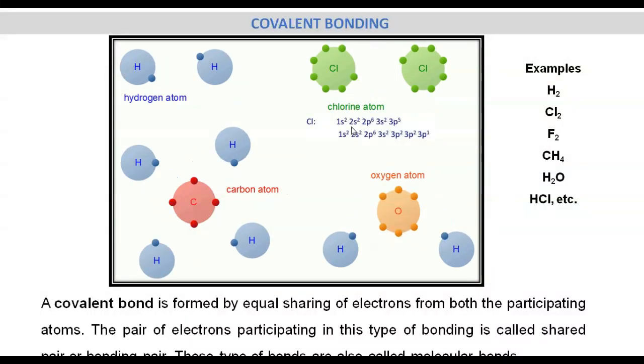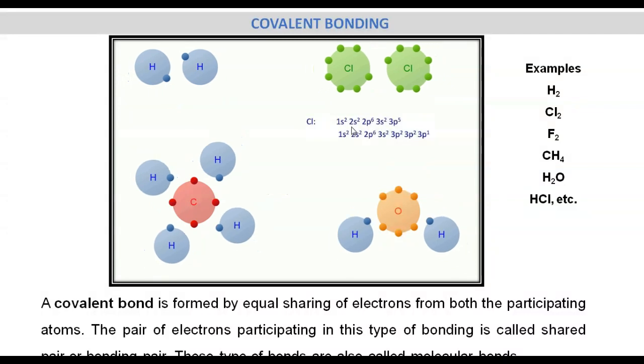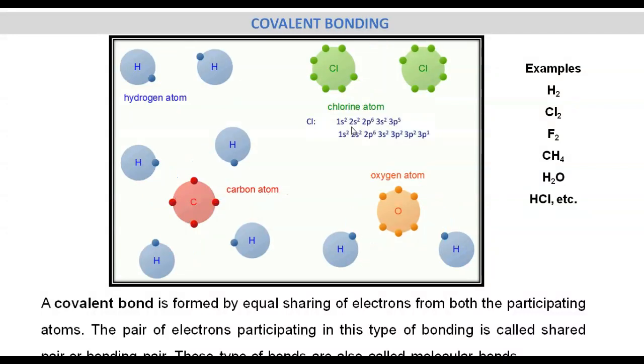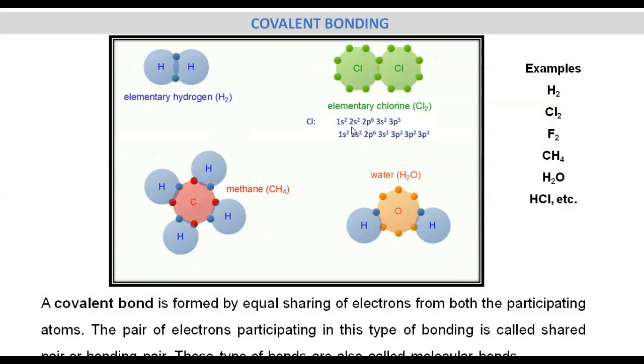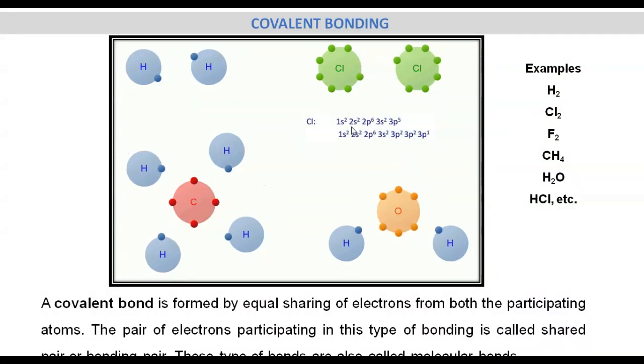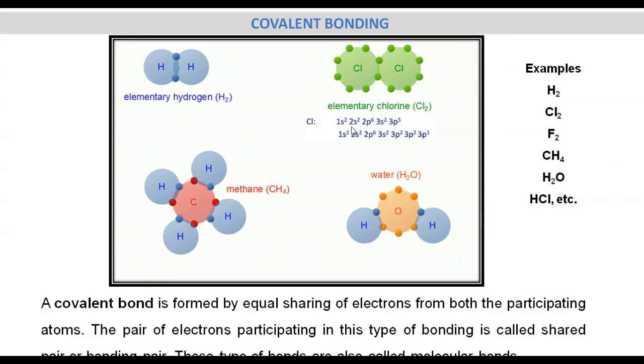So one chlorine atom combines with another chlorine atom by sharing 1 electron each. This sharing of electrons from each atom gives us a bond pair, or I can say a bonding pair. This pair is known as a covalent bond.